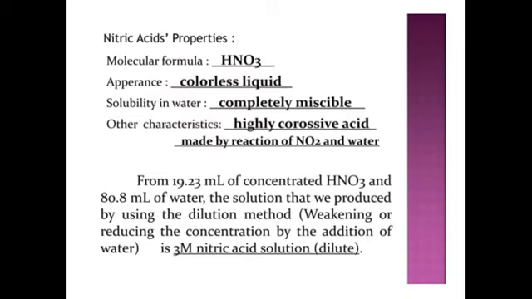If you have been able to do that successfully, you have prepared the standard solution that is required. The molecular formula of trioxonitrate(V) acid is HNO3. It is a colorless liquid, soluble in water, highly corrosive, and so on. So from the 19.23 mL of conc HNO3 and 80.8 mL of water, the solution that we prepare by the dilution method is 3 molar nitric acid solution.